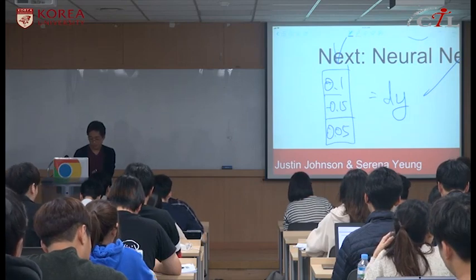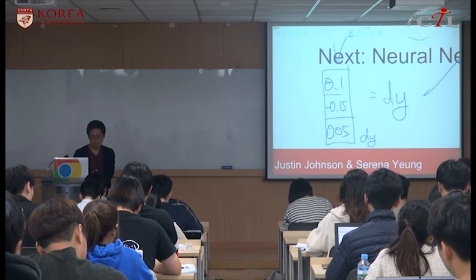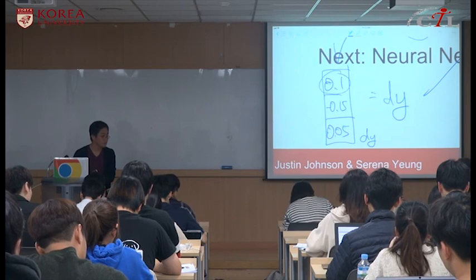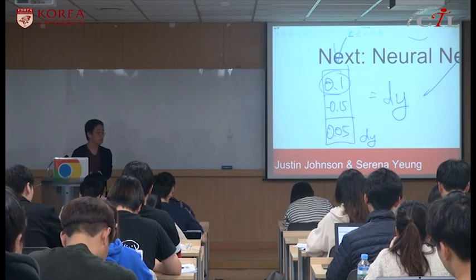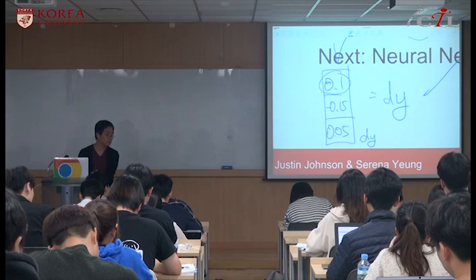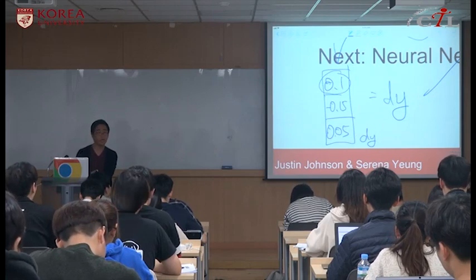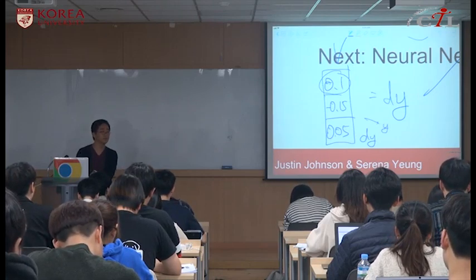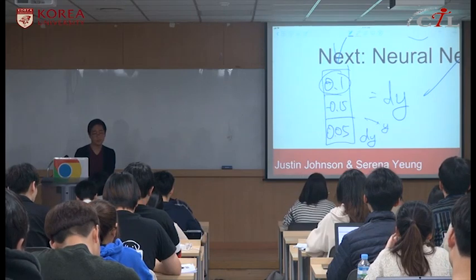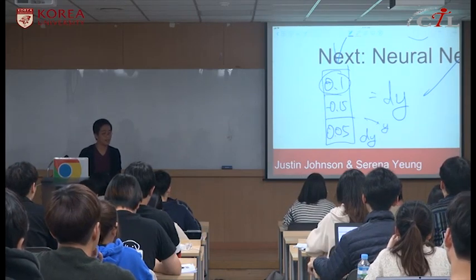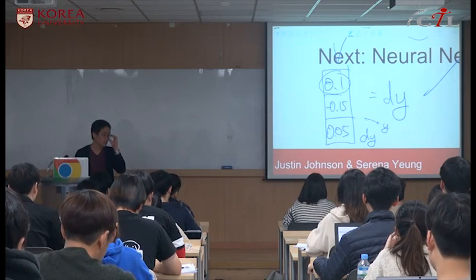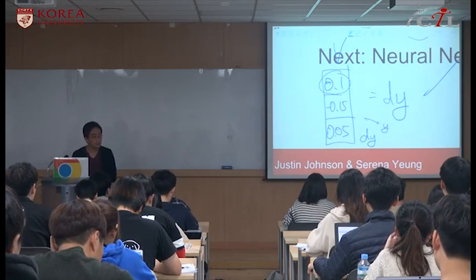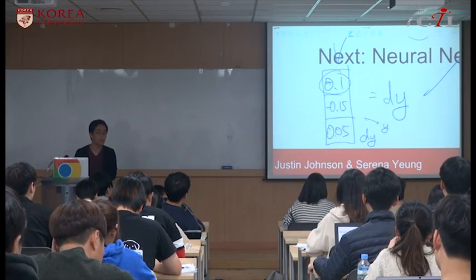So this is our dy, and first of all, can we directly do the gradient descent update on this y? Is it possible? So let me ask again: in this case, can we directly update this y using the gradient descent update?